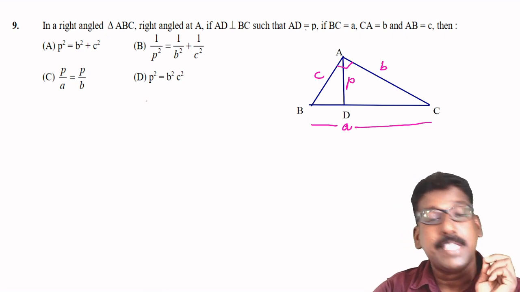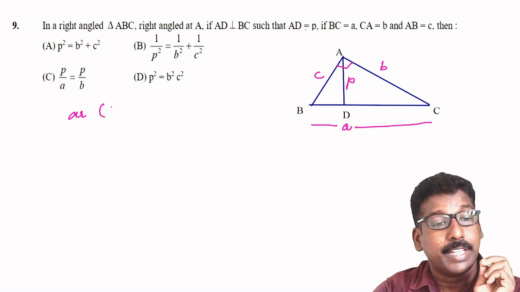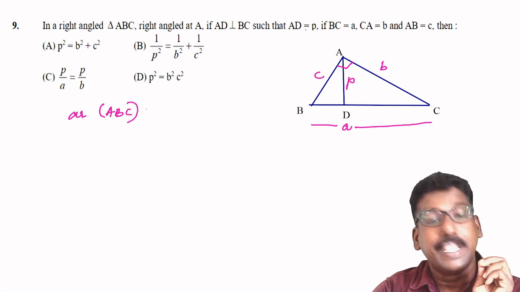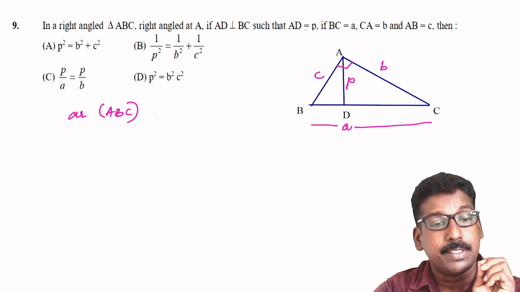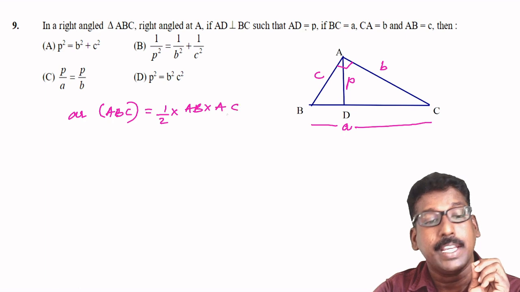Here, since ABC is a right angle triangle, you can find out area of ABC. Let me take AB as the base. So, half into base AB into height will be AC.